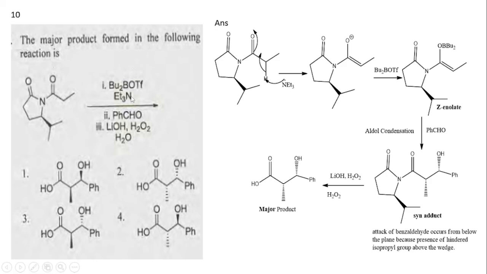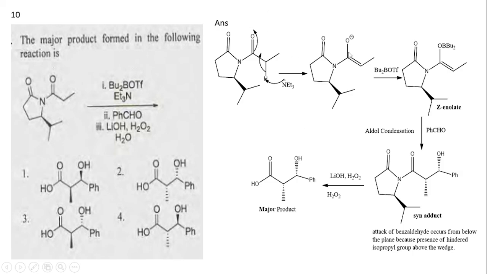So first they have given this oxazolidinone, and this proton is the most acidic proton due to the presence of this adjacent carbonyl group. Okay. So they are giving this reagent, that is triethylamine, which abstracts this proton, and it leads to the formation of the enolate.